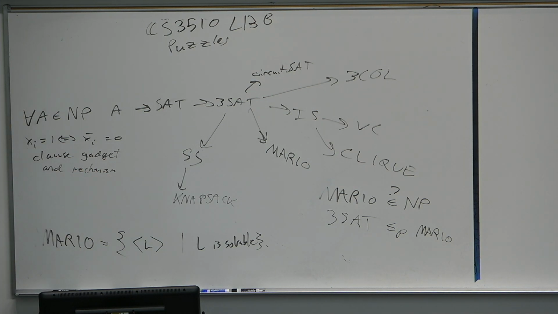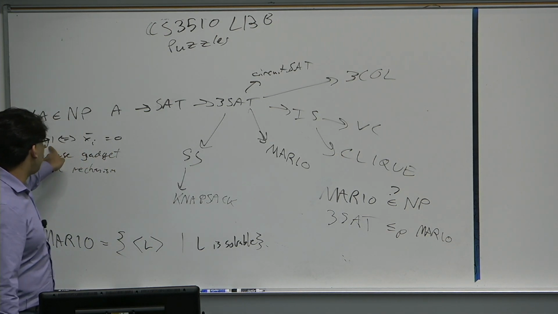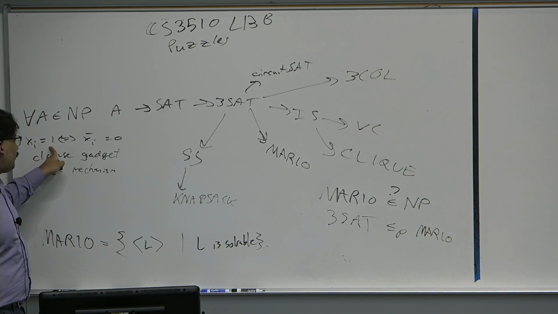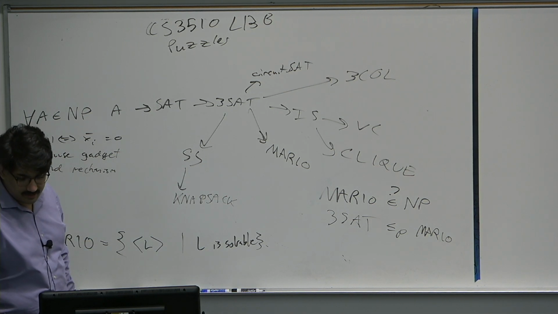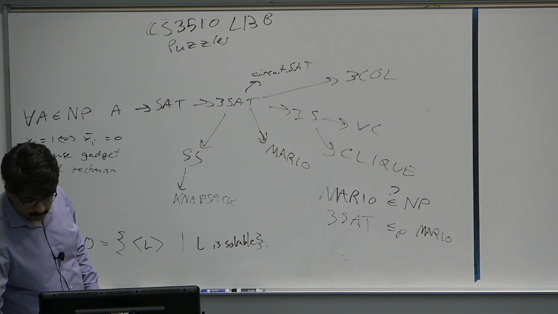So what we're going to do is connect a sequence of tiny levels together, and that's going to be our giant Mario level. First we describe how to make this x1, for each variable, how to assign it to be 1 or 0, but not both, and not neither. So here's the level.